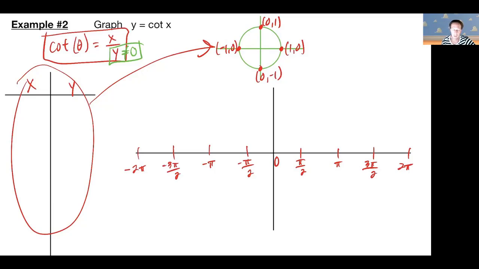So first things first, I'm going to look for the issues. I want to see right off the bat what's going to give me problems. And we said that would be where y is equal to 0. So where is y equal to 0? Right at the beginning. So I know at 0 and pi, we would have our undefined ratio.